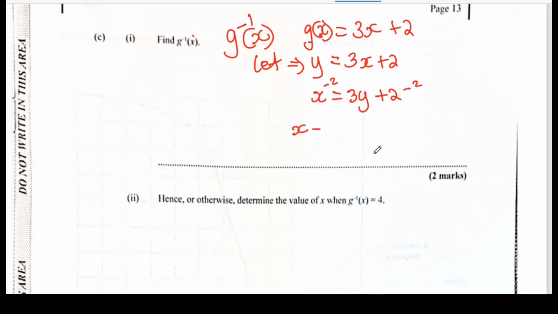So x minus 2 is now equal to 3y. Then you divide by 3. So x minus 2 all over 3 is equal to y. You could now finalize by saying the inverse of g of x is x minus 2 all over 3. Good? Yes, sir.